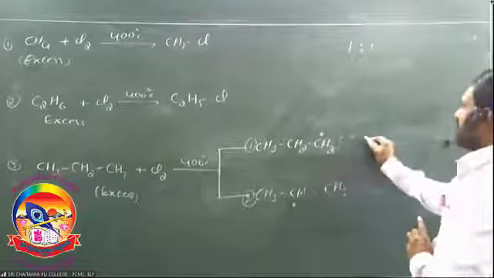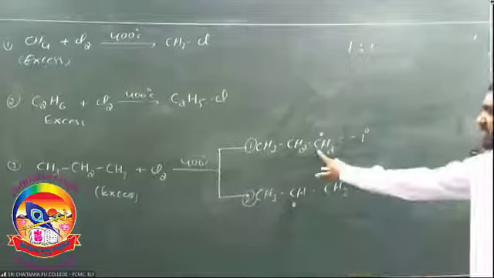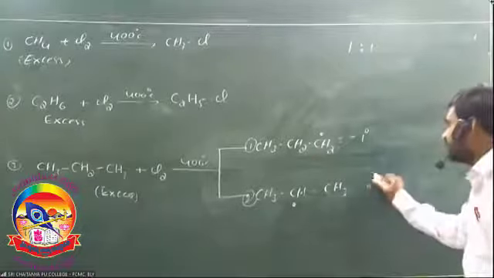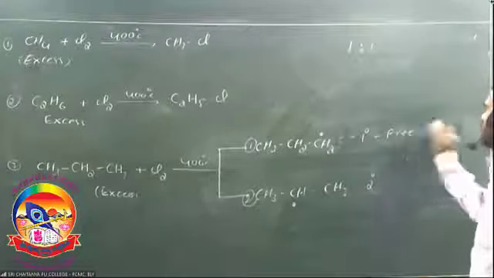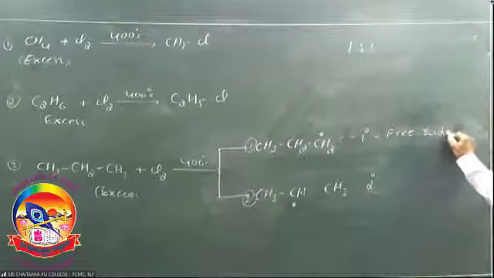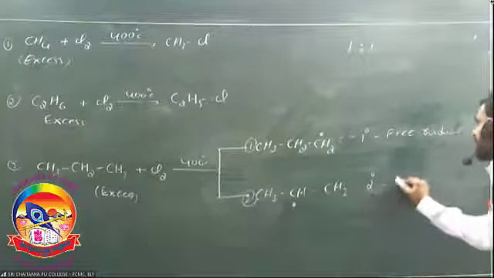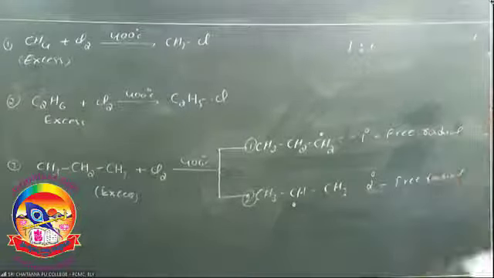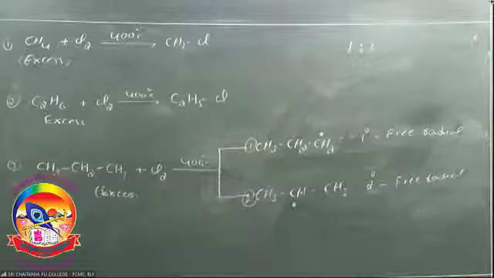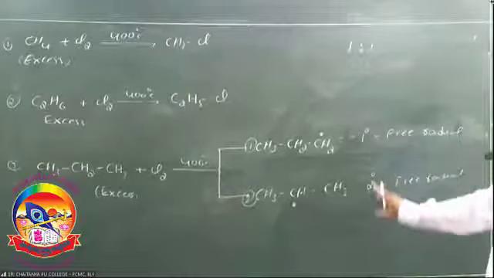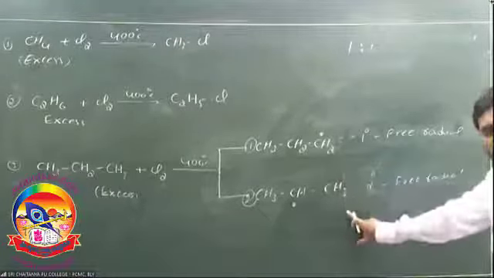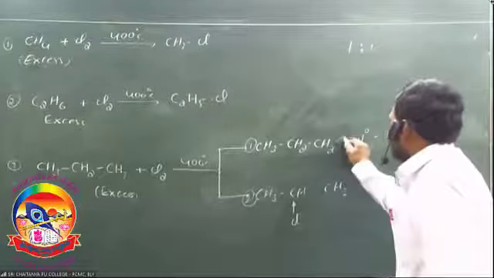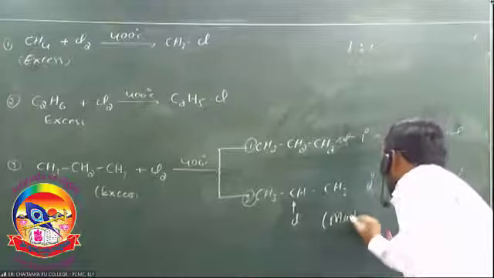The first one is the primary free radical, on the primary carbon. The second one is the secondary free radical. We know the stability of free radicals. Between primary and secondary free radical, which is more stable? Secondary free radical. So chlorine is substituted here. So what is the major product?